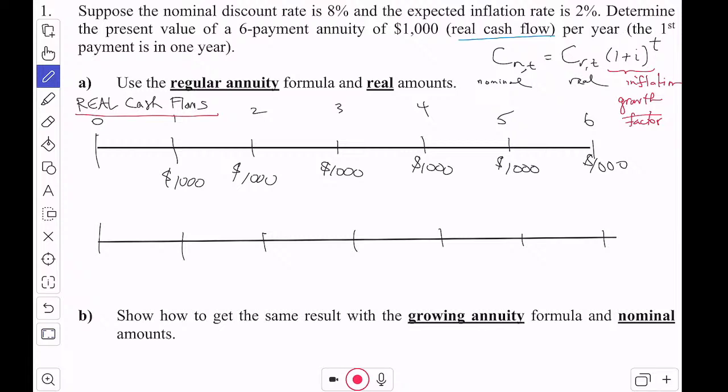Okay. All right, so what I'm going to do is convert these to nominal cash flows using the relationship I described above. So what would be the conversion?